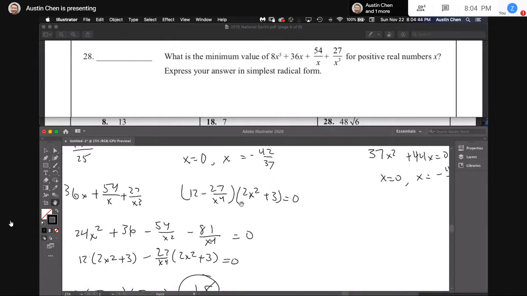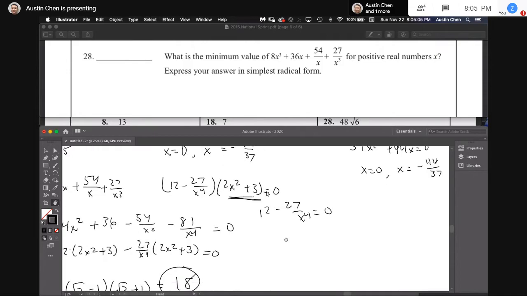And then what are the solutions to this? Well, 2x squared plus 3 has no real solutions when it equals 0, because x squared is non-negative for all real numbers x, so that can't equal 0. So we just have to look at 12 minus 27 over x to the fourth equals 0.